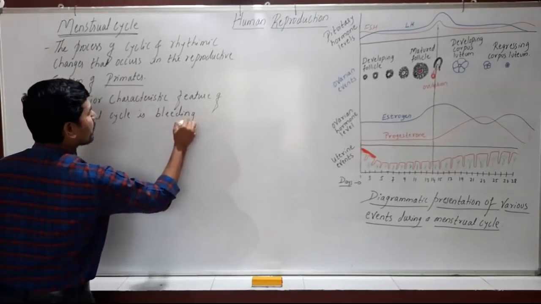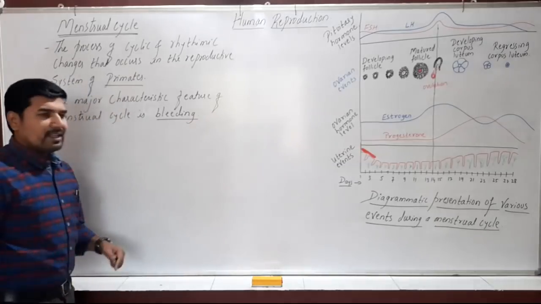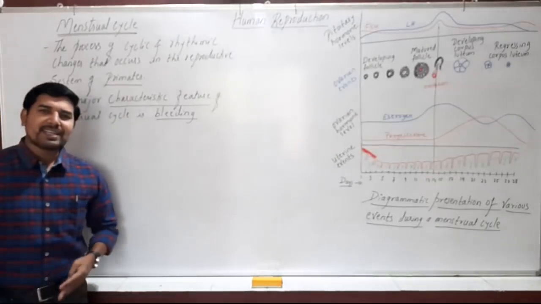So here we observe bleeding. That's why this is the major characteristic feature of the menstrual cycle. Now, what is the amount of blood that is released during menses? It is around 30 to 50 ml of blood.